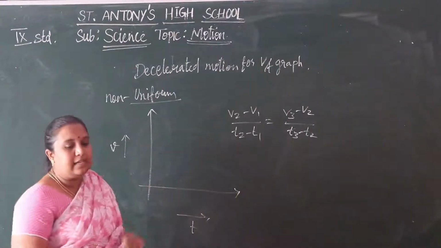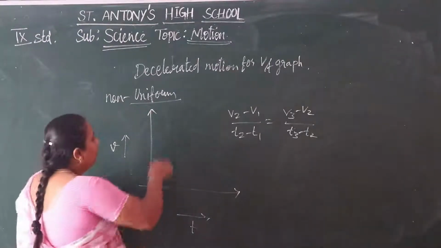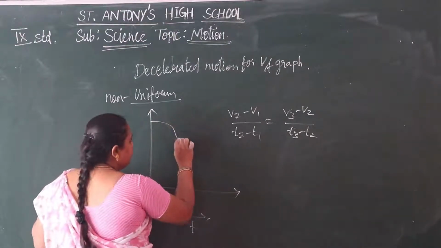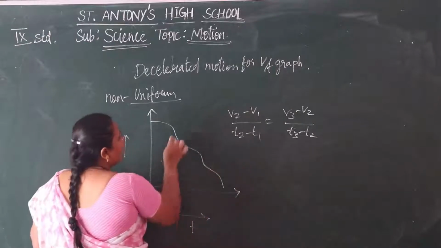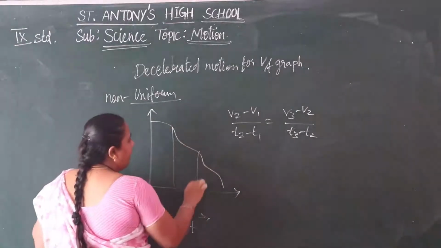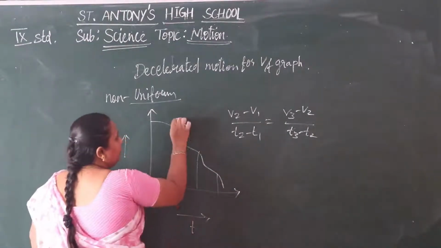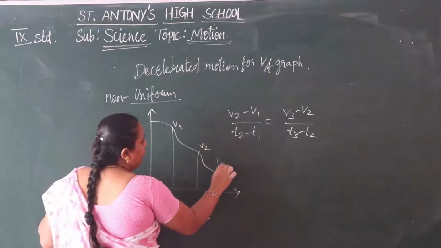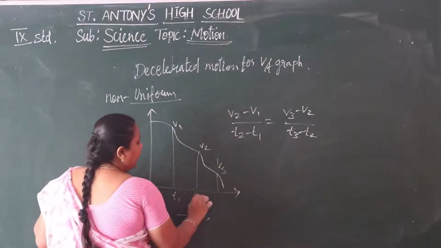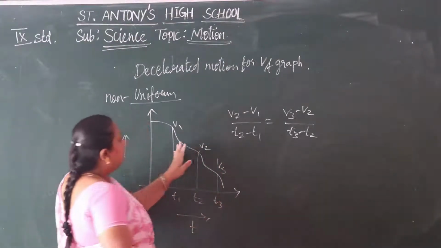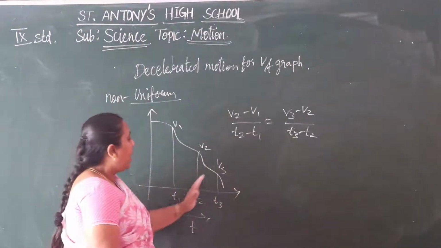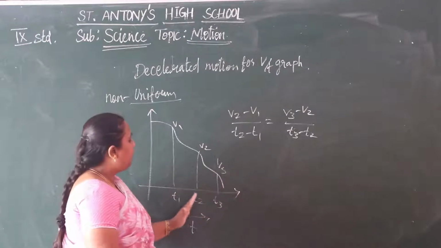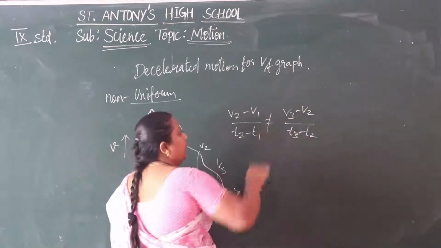While the curve is decreasing, we have it like this, with unequal intervals. So V1, V2 and V3, and here T1, T2 and T3. (V2 − V1)/(T2 − T1) and (V3 − V2)/(T3 − T2) are not equal here.